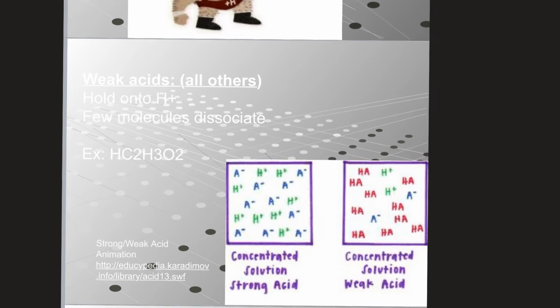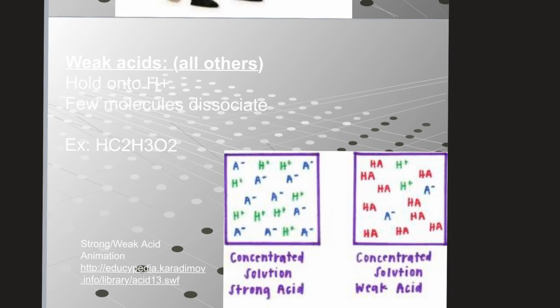Which differs with weak acids. With weak acids, they don't typically break up, or most of it won't break up. So for example, this is acetic acid, and we'll talk about this more next year when we talk about equilibrium. Here's acetic acid, and we'll have this equilibrium arrow, which means it could go both left and right.